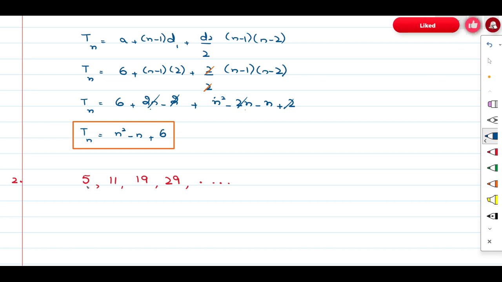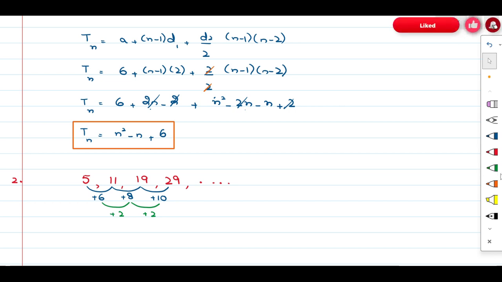The difference between 5 and 11 is plus 6. Between 11 and 19 is plus 8. Between 19 and 29 is plus 10. The first difference is not constant. Between 6 and 8 the difference is 2, and between 8 and 10 the difference is 2. So the second difference is constant.